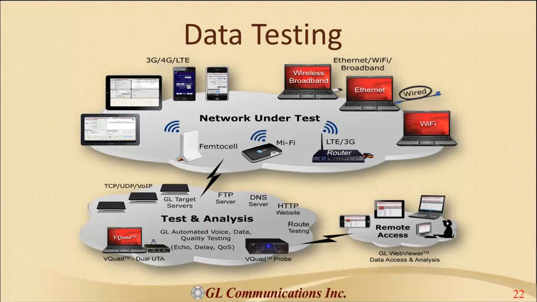So it's a very good way to perform these data tests on multiple devices, and get all the results back to the web viewer, and then we can plot them, as Girish will show you shortly. We can plot them on Google Maps, so you can see all the results, pass, fail. There's a lot of filtering you can do, and you can see it graphically what happened during your test, okay?